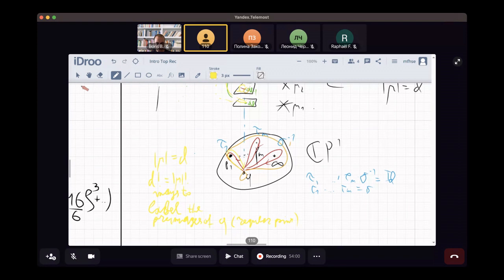We consider a covering with additional structure, namely a way to label the preimages of Q, and to that we uniquely assign a collection of transpositions.